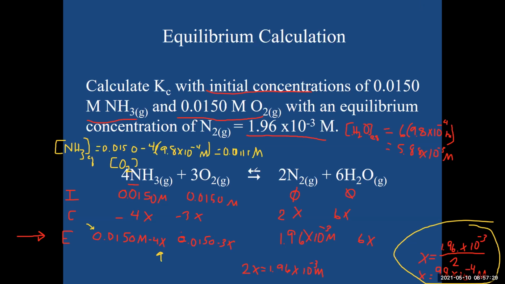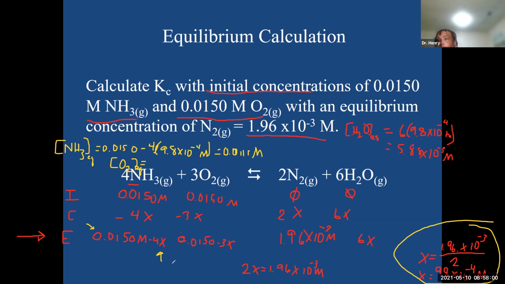Yeah. Okay. So how would I calculate the concentration of oxygen? 0.15. At equilibrium. I don't know. I might need to. Could you walk through it as well?